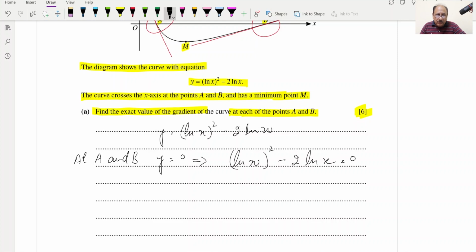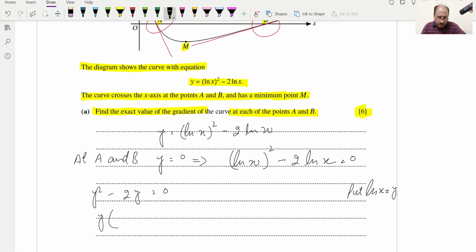Now we can take power e, and before that, we can put log x equal to y, and this will be y squared minus 2y is equal to 0.